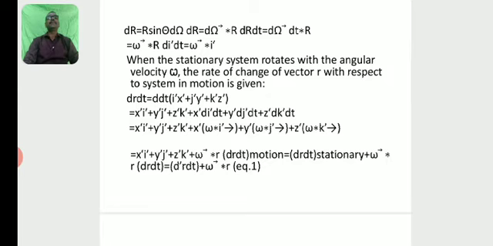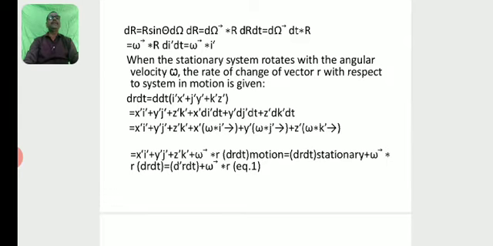So which is equal to x dash i dash plus y dash j dash plus z dash k dash plus x dash omega into i dash vector plus y dash omega into j dash vector plus z dash omega into k dash, which is equal to x dash i dash plus y dash j dash plus z dash k dash plus omega vector into r.